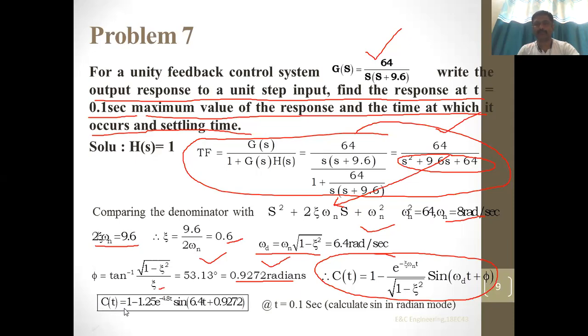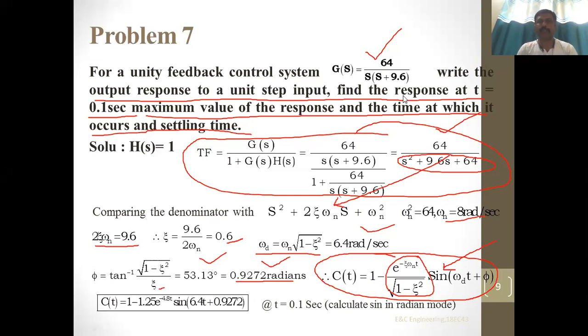Now c of t is equal to 1 minus 1.25 e power minus 4.80 t into sine of 6.40 t plus 0.9272. This value results after evaluating this. After substituting the values, please understand the calculator needs to be in radians mode.